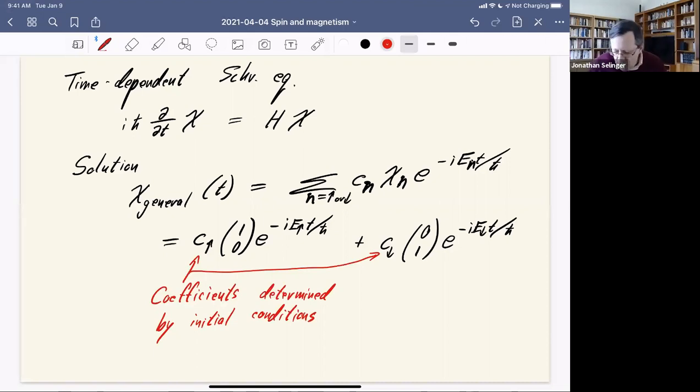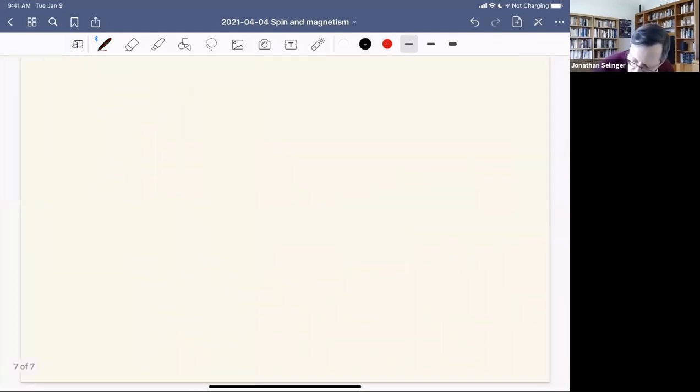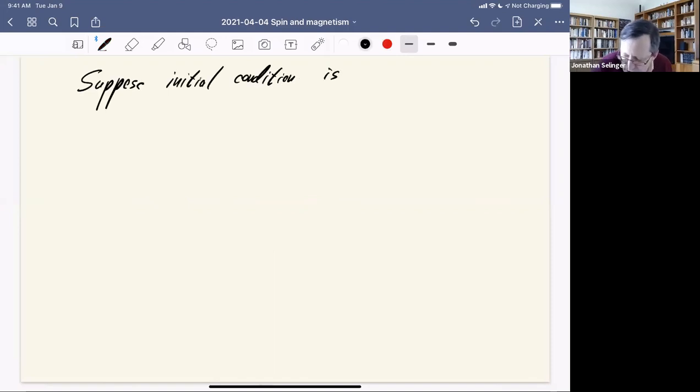Let's suppose the initial condition is chi at time 0 is just (A, B). And this must be normalized, right? We have to be assuming a normalized initial condition.